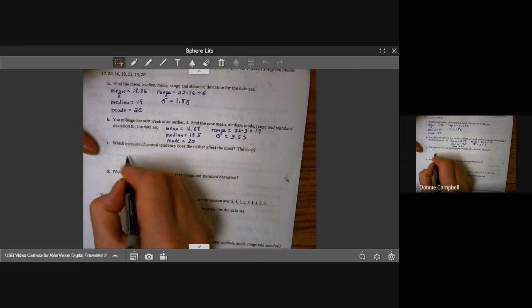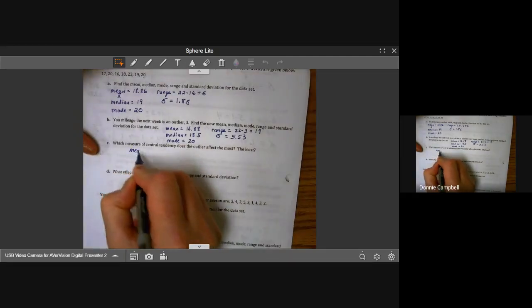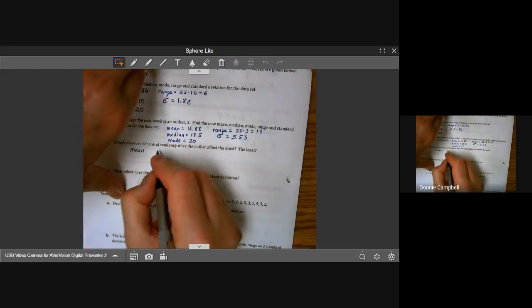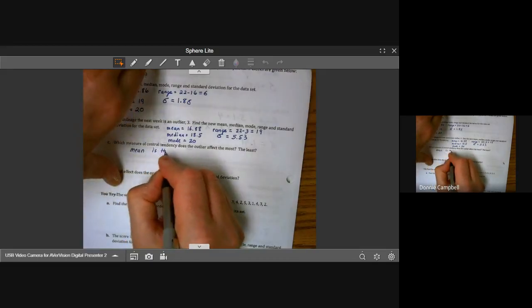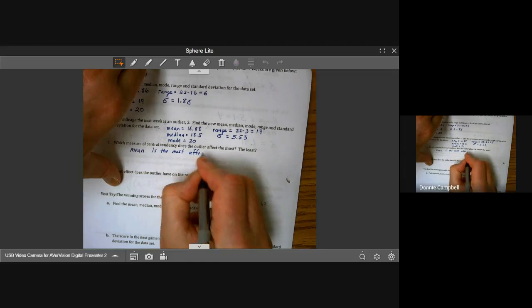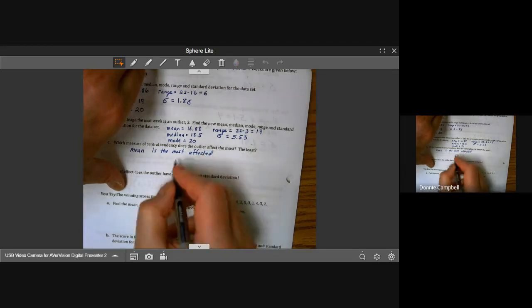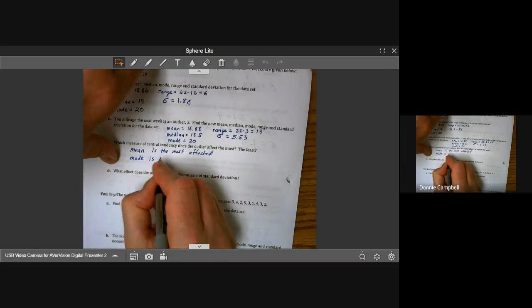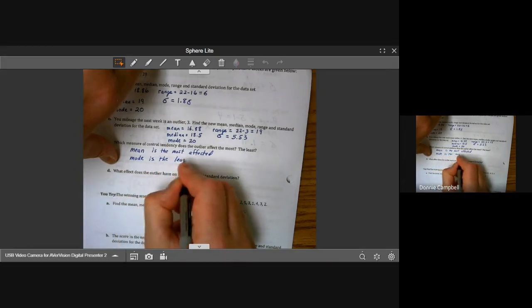The mean is the most affected. Okay, all right. Now, central tendency, mean is most affected by the outlier. And the mode is the least affected.